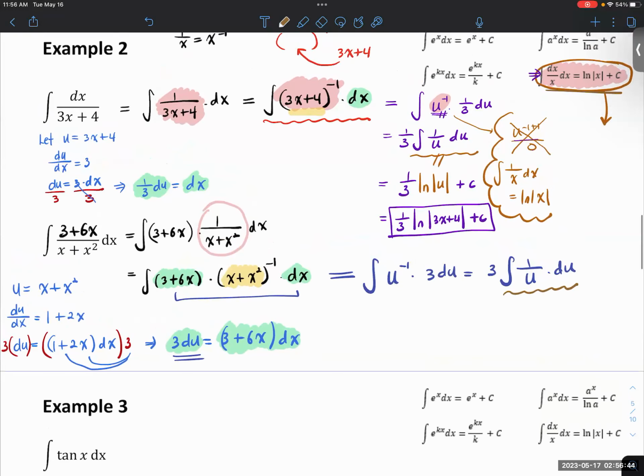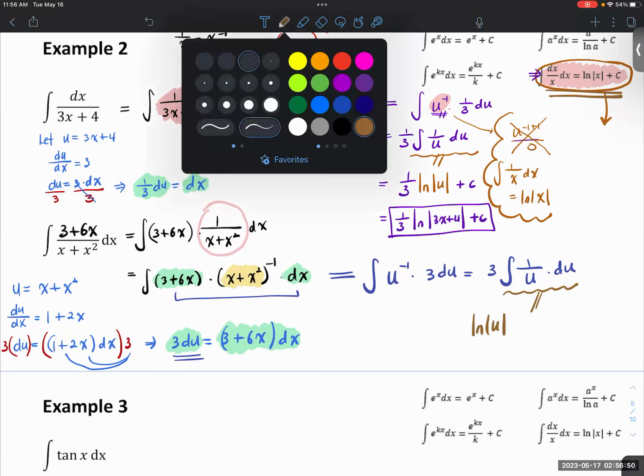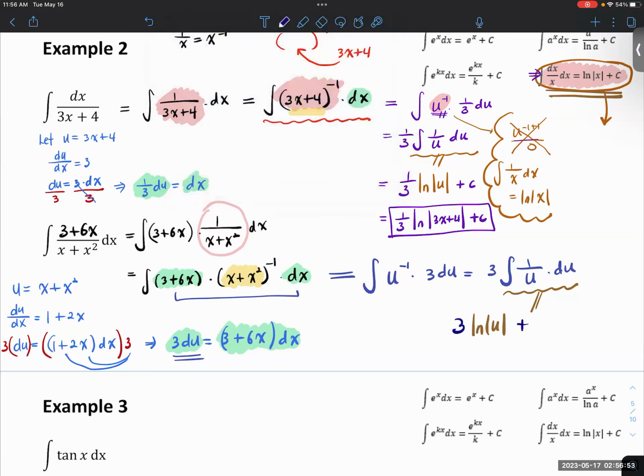It is ln. So this is ln u, and I have a 3 and plus c. And I can go back to the x variable: 3 ln of x plus x second plus c. That's your answer. This is ln. Are you okay with that?